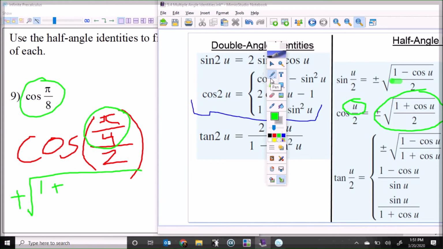Well, cosine of pi over 4 is the square root of 2 over 2. And then I have all of that divided by 2. Okay? And we can simplify our answer, but before I do, I'm going to check theirs to see how far they simplify. So that's what I did. I have the square root of 1 plus square root 2 over 2, all over 2.